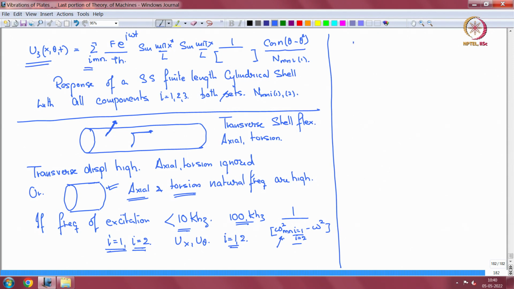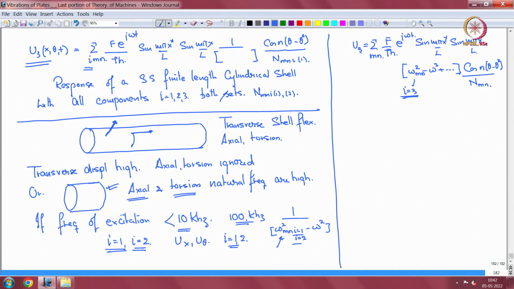So u3 will be equal to summation over m, n of F_mn by rho h e to the power j omega t, sin m pi x star by L, sin m pi x by L. And then we have the frequency term, which is just omega mn square, where these are the I equal to 3 frequencies, minus omega square, and of course the damping term, plus etc., into cos n theta minus theta star, divided by N_mn.